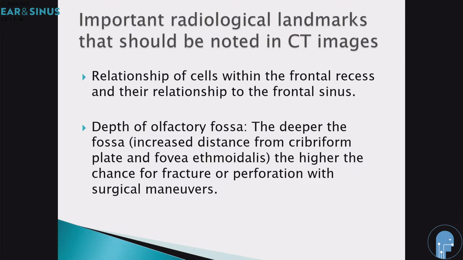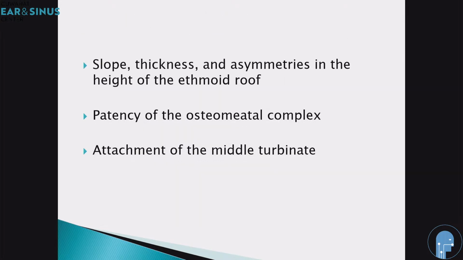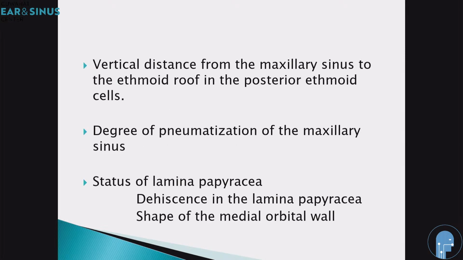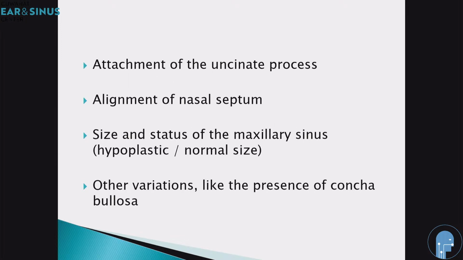Depth of olfactory fossa, slope, thickness, and asymmetry, height of the ethmoidal roof, patency of the ostiomeatal complex, attachment of the middle turbinate, vertical distance from maxillary sinus to posterior ethmoidal roof, degree of pneumatisation of maxillary sinus, status of lamina papyracea, attachment of the uncinate process, alignment of the nasal septum, size and status of maxillary sinus, and other variations like presence of concha bullosa.